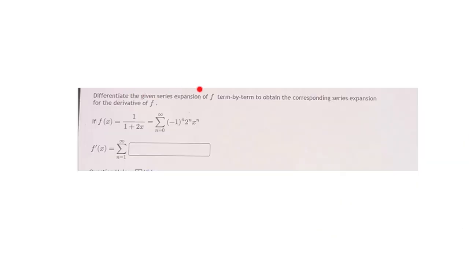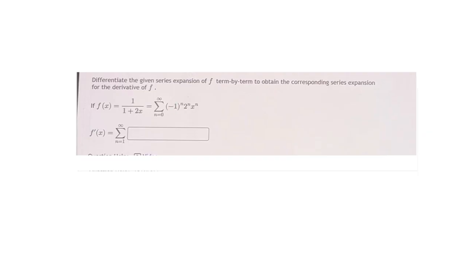Differentiate the given series expansion of f term by term to obtain the corresponding series expansion for the derivative of f. Okay, so they're saying f of x equals this, but by the way, that also equals this. And we want to know what f prime of this is. These are not bad.